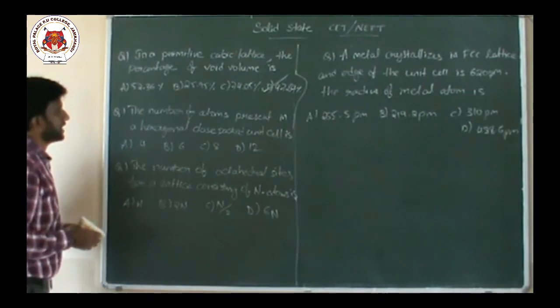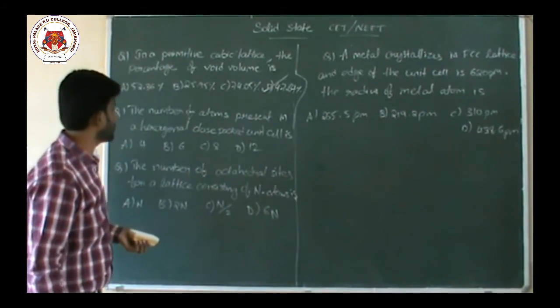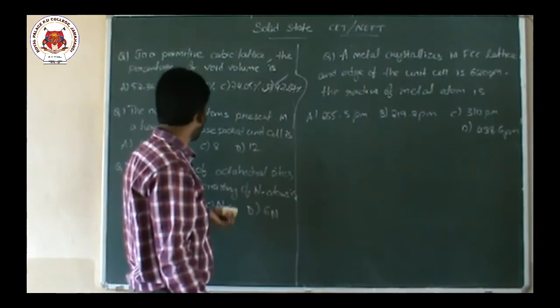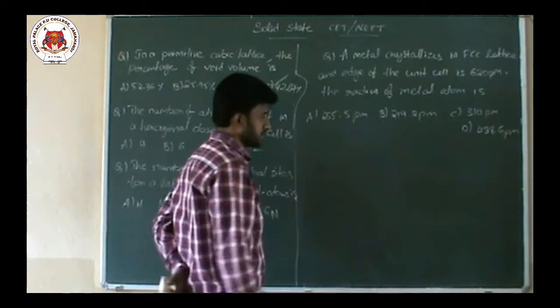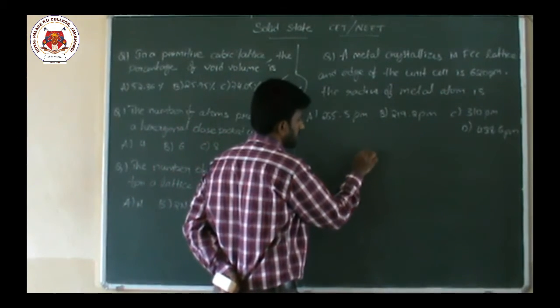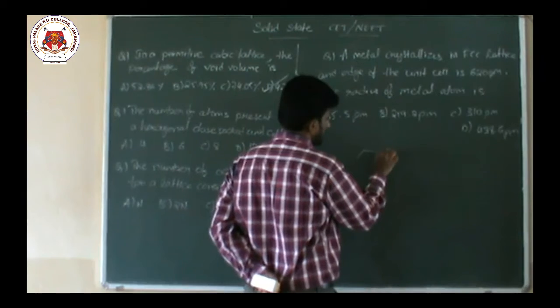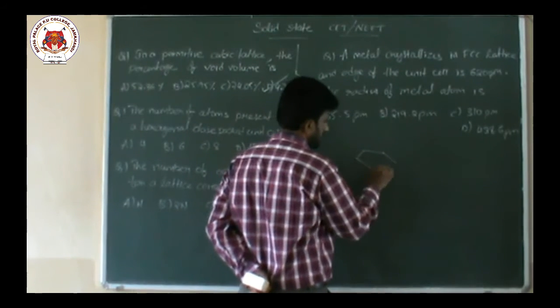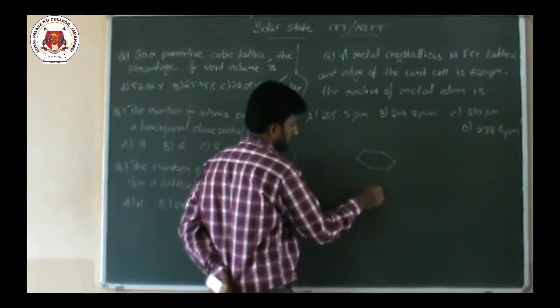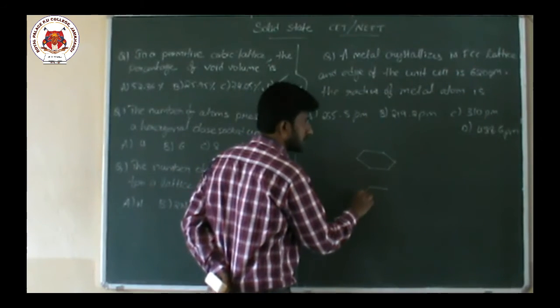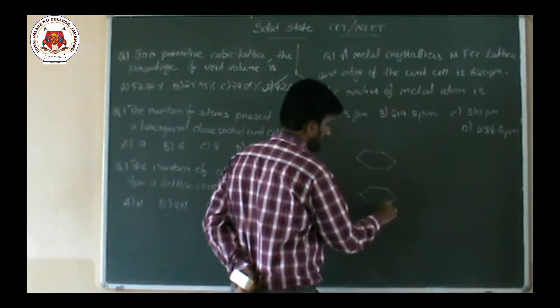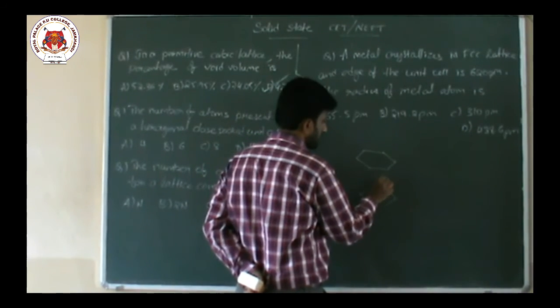Number of atoms present in a hexagonal close packed unit cell is. Just now I have drawn one figure in the previous question, with hexagons arranged like this. Two hexagons I have arranged like this, and in the center of these hexagons, 3 atoms are there.